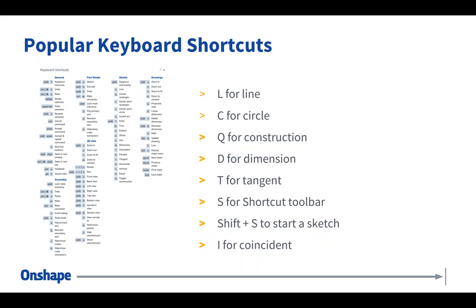Q for construction, that's another very big, very common one. D for dimension, T for tangent, S for the shortcut toolbar that I was showing you a second ago, Shift S to start a sketch, I for coincident, another common constraint. So these are just some of my personal favorites. Again, go to the help menu, click keyboard shortcuts, and find the complete list.